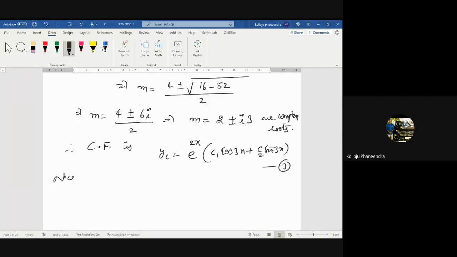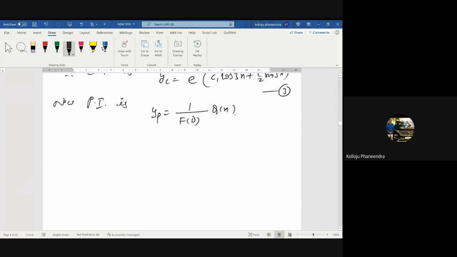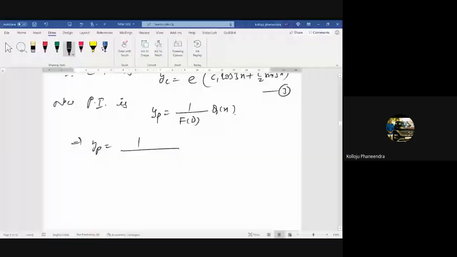Now the particular integral, P.I. Now the particular integral is yp equal to 1 by f of d into q of x. So yp equals 1 by f of d, where f of d is d square minus 4d plus 13, into the right side function. 18 I will write in the numerator, and the function e power 2x into sine 3x.